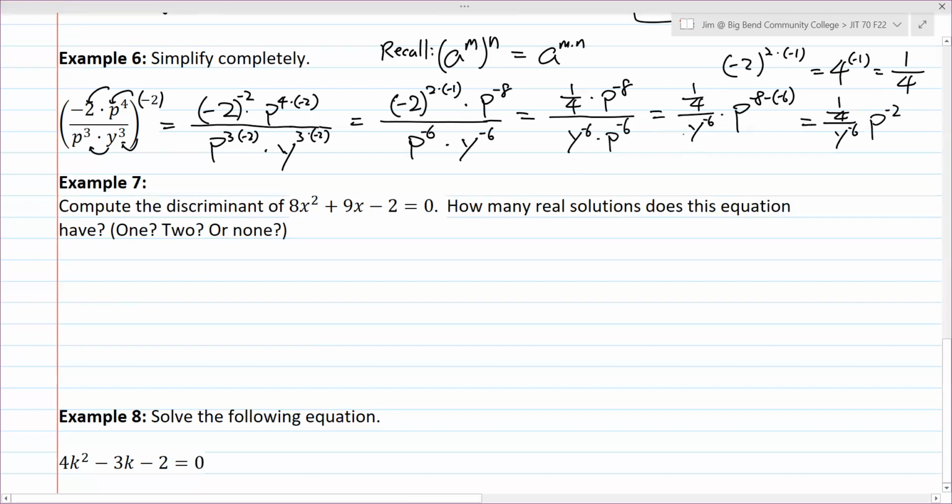And then how about the first part? Let me show you. 1 over 4 over y to the negative 6. That's the ugly one. But that's doable. That will be 1 over 4 over 1 over y to the positive 6.